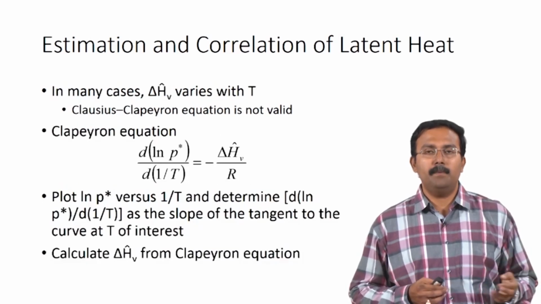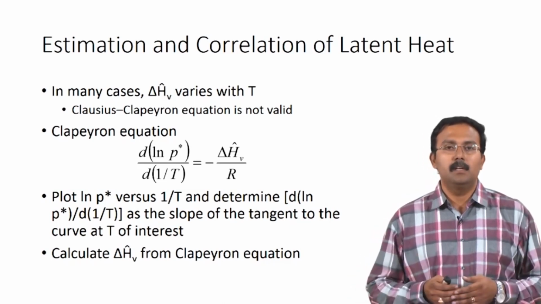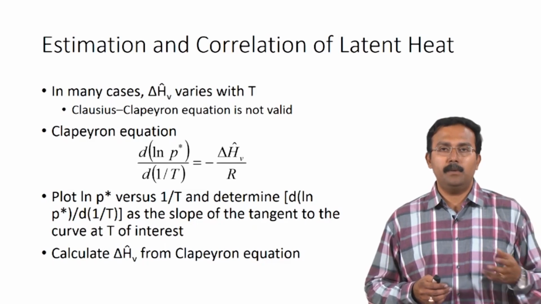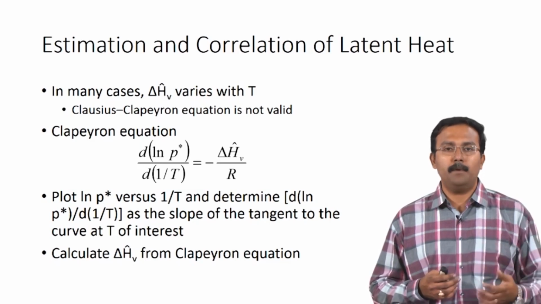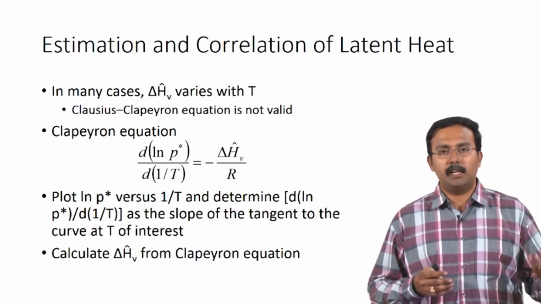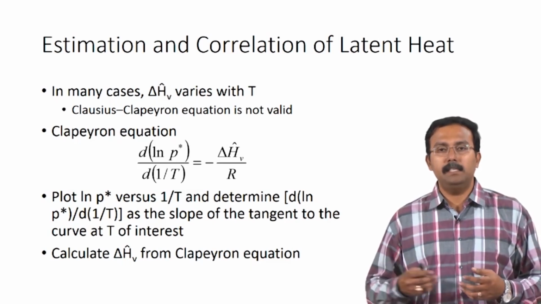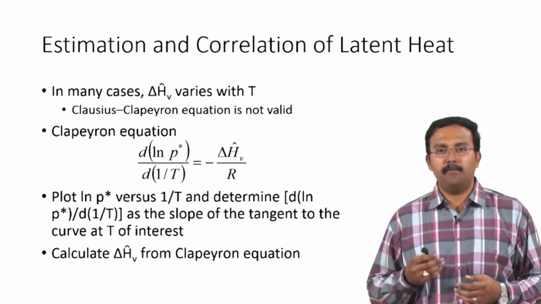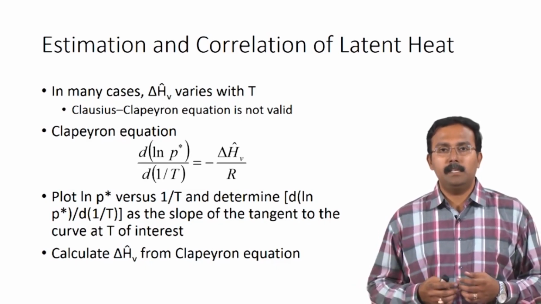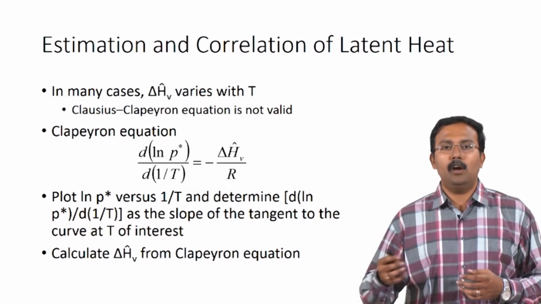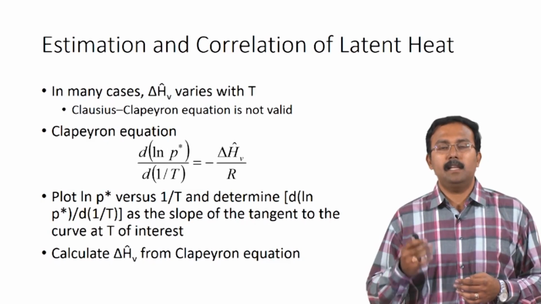In many cases the heat of vaporization is not a constant over a range of temperature, it varies with temperature. So, in such scenarios the equation which we just saw is not directly valid. Instead, you can use the Clapeyron equation, which is a differential form. So, d of ln P star by d of 1 by T equals minus delta H cap V by R. You are expected to plot ln P star versus 1 by T, and you would determine d ln P star by d 1 by T as the slope of the tangent to the curve at the temperature of interest.